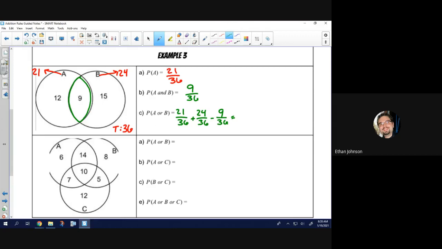If we add across and then subtract, we get, well, 21 plus 24 minus 9 gives us 36 out of 36. And if we think about it, according to this problem, are there any other options besides A or B? No. So 36 over 36 is just 1. And that even confirms that there are no other options.